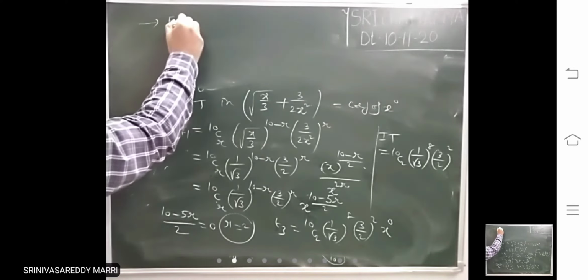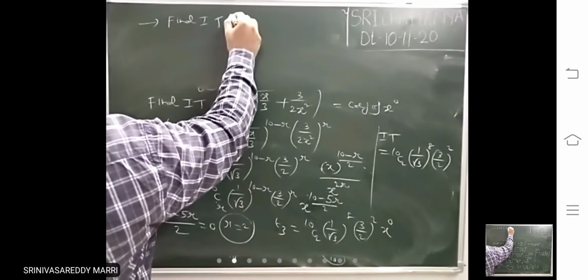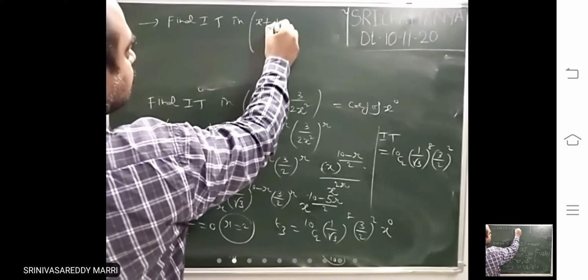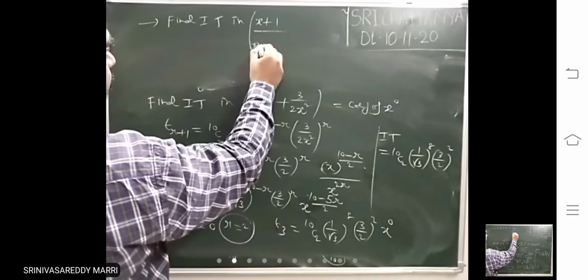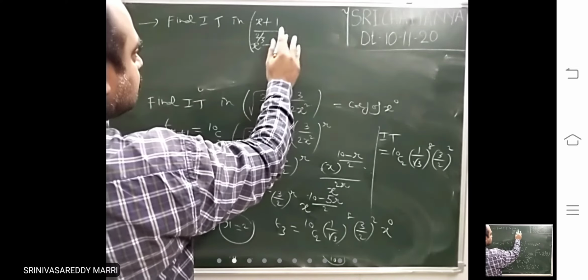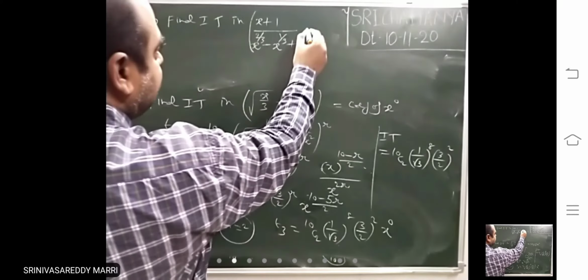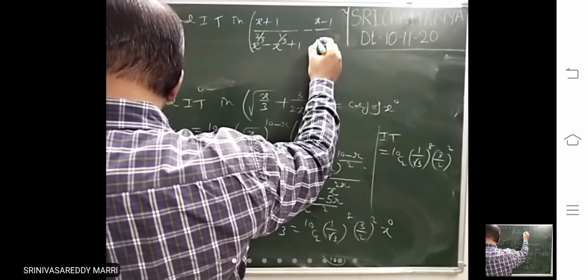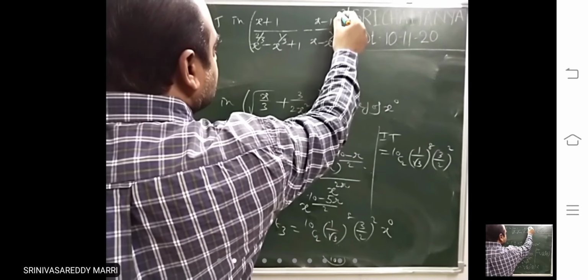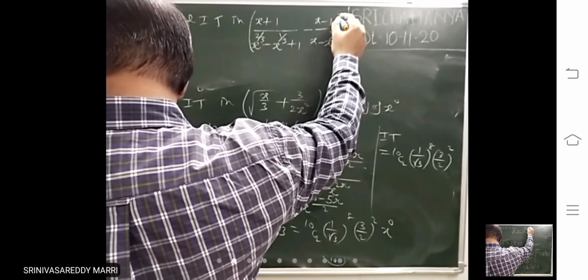Look at one more example. Find the independent term in this expansion: x plus 1 divided by x power 2 by 3 minus x power 1 by 3 plus 1, minus x minus 1 divided by root x, whole power 10.